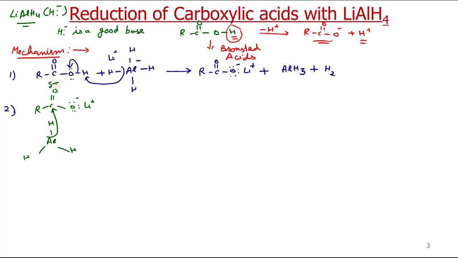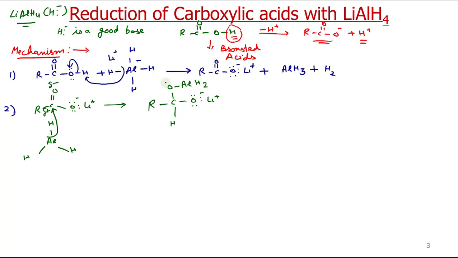It is partial positive, and the oxygen is partial negative. So H negative will attack here and you will get R C H, O negative Li positive, O Al H2. So this will be the product when it attacks here.